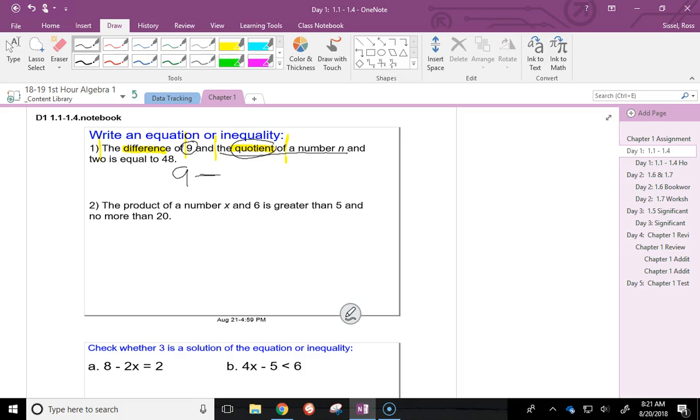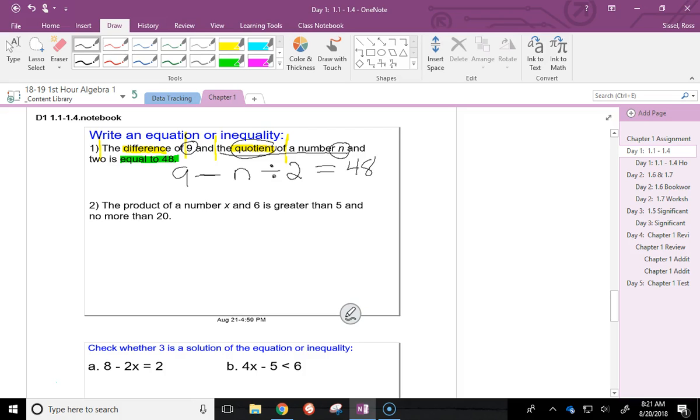The quotient of, now I'm going to be dividing. And what comes first? The number n, and 2. Then they tell me is equal to 48. So then I have the answer. Equal to 48.